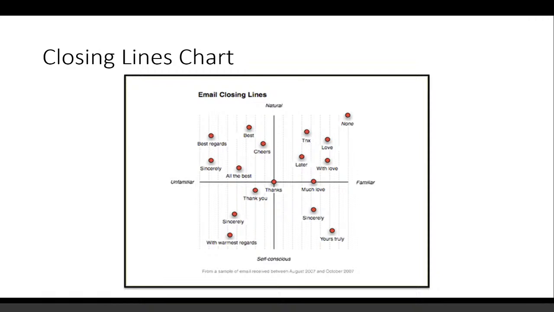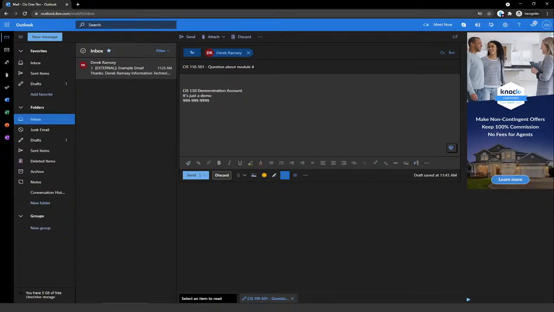All right, so let's jump back to our demo account and write our email. Again, remember that I'm writing this from the perspective of one of you, a student in this class, writing my instructor. This should be a formal email.